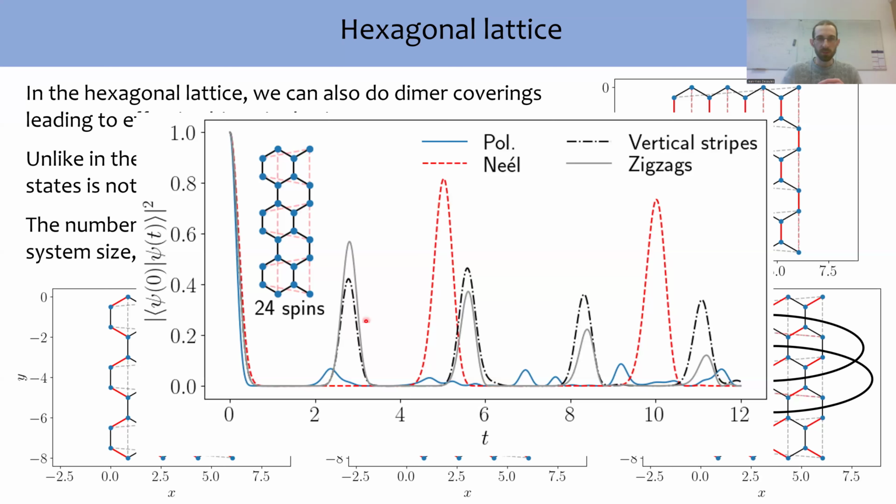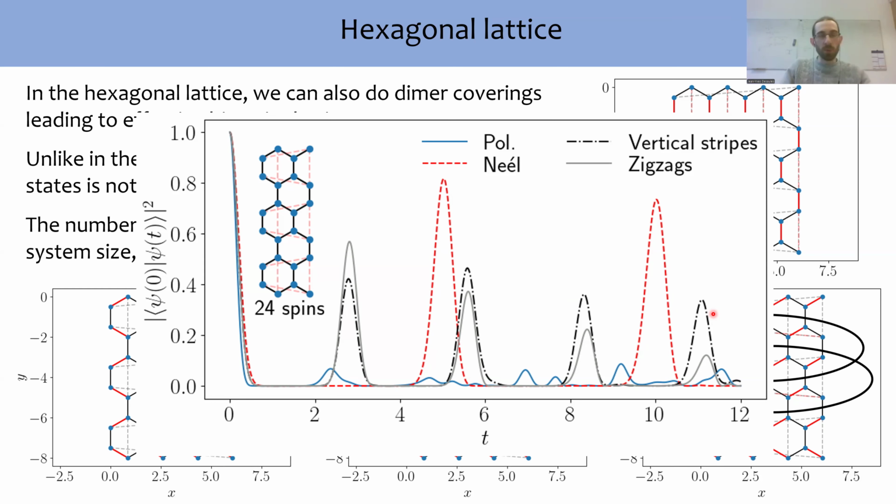But you see that this vertical stripe and these zigzag patterns also give you clear scars. So this model is particularly interesting, and we're currently looking into the infinite temperature properties to see if we see traces of scars in them because we have so many scar states. So that's it for 2D. This is still a work in progress, but I think it's quite interesting.